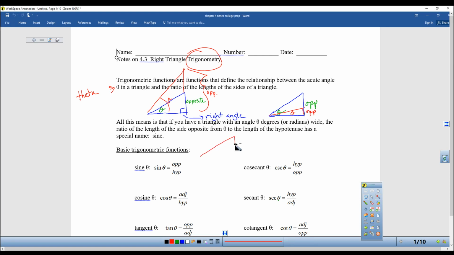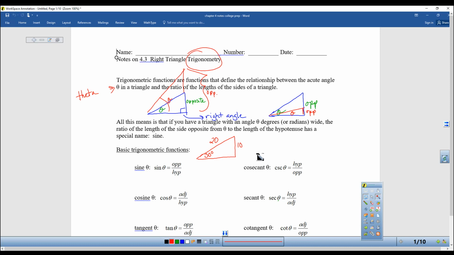So for example, every 30-degree angle in the world has a ratio of 1 to 2. Its opposite side is 1 and its hypotenuse is 2. It may be 10 and 20. That's a ratio. So trig functions always talk about the ratio between 2 different sides.